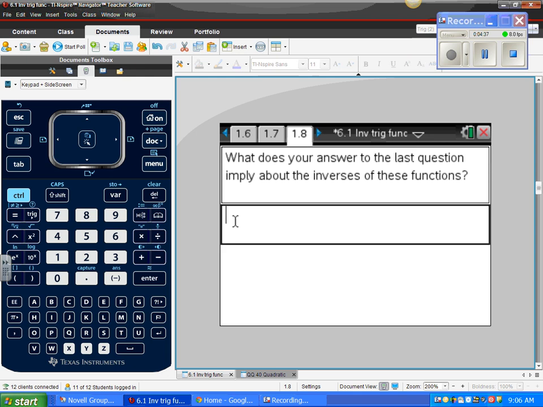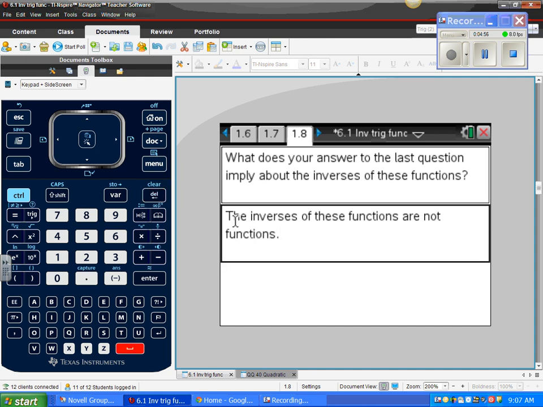Okay, so what does that imply about the inverses of these functions? They're not what? Right. So the inverses of these functions are not functions.